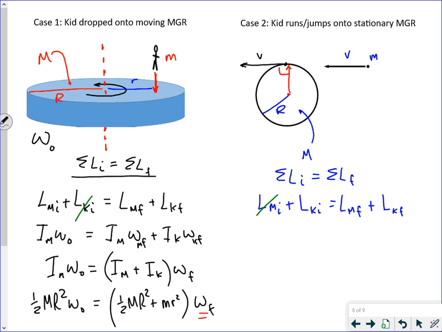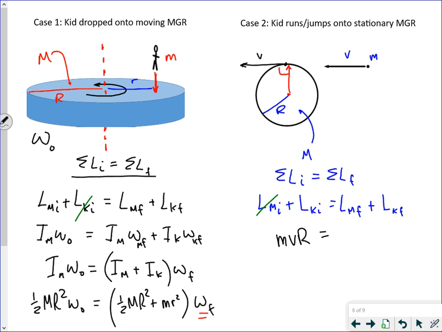So that means that the kid's initial angular momentum, I would write as m v r, assuming the kid hits right at the outer rim of our merry-go-round, in this case. Okay, equals, I'll do the same thing.